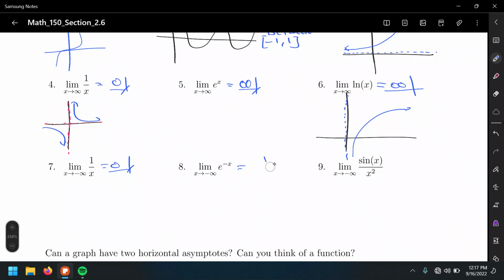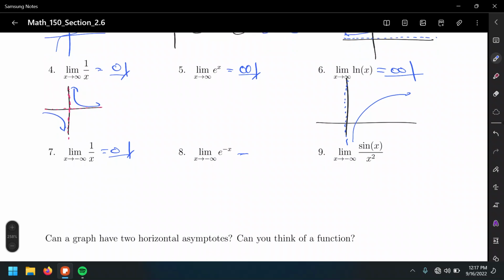Well, let's think of the algebraic way to do this, and then I'm going to go with the graphic approach. So this would be basically e to the negative of negative infinity, which will really turn into e to the positive infinity. But what's e to the big number? Infinity. What about the graph approach?